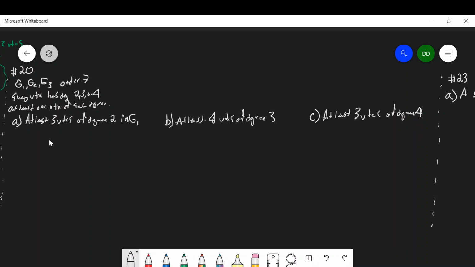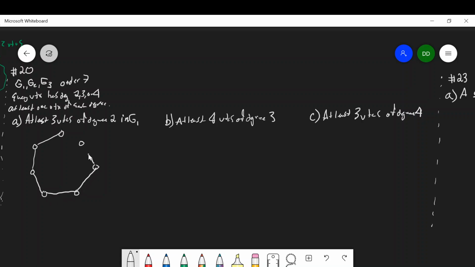So while looking at your homework for this section, I noticed some people starting off in a nice way. They just started with a 7 cycle, so C7. And then they started adding edges to this. So there's 5, 6, 7. And they just started by connecting these in a cycle.